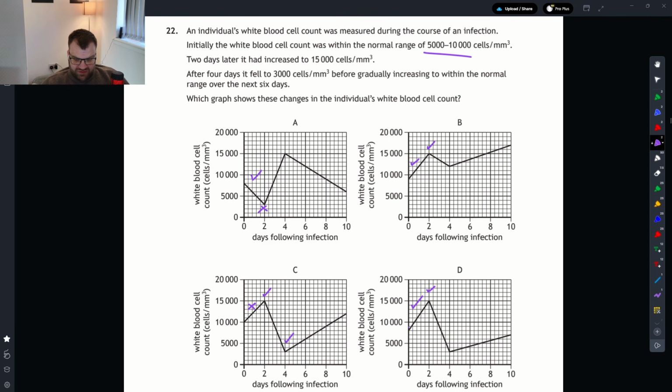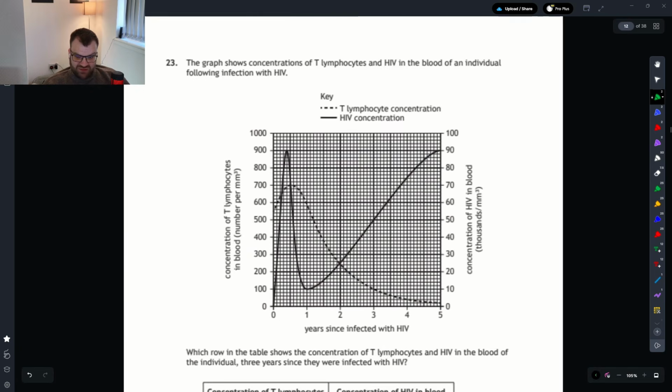So that has fallen, and that has fallen. And then it's gradually increasing within normal range. So we've made it back above 5,000. And actually here, this is now beyond that. That's beyond it. But then that is. So the only one that does everything correct is going to be D. So just take your time with that and that should be smooth enough.